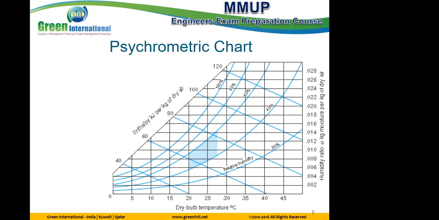If someone asks me, I need to check if this is enthalpy or not. Maybe this represents another inclined line. I can check quickly. Just check the value for the line at its intersection with 100% relative humidity, then go down from this point and check the dry bulb temperature. If the dry bulb temperature is the same value as the inclined line, then this represents another thing, not enthalpy.